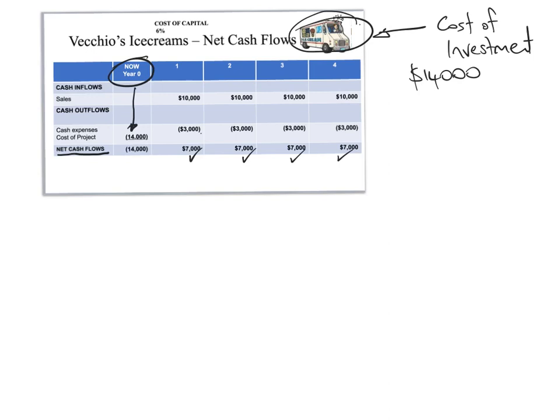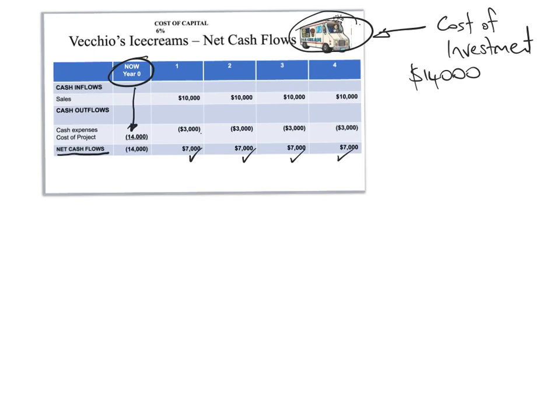So you'll see that right now we're outlaying $14,000 in the hope of generating $28,000 over the next 4 years. Now we're assuming here the motor vehicle has no residual value. So at the end of the 4th year, we're basically going to scrap this motor vehicle. So we want to know today, is it worthwhile going ahead with this project or not?